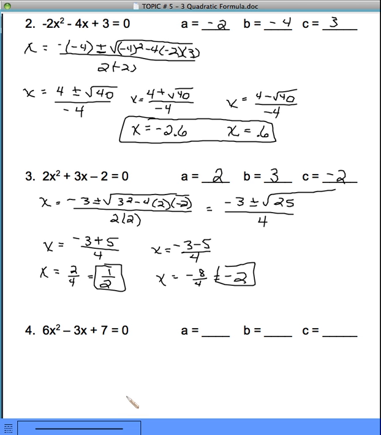And for the last one, we have A is 6, B is negative 3, and C is 7.